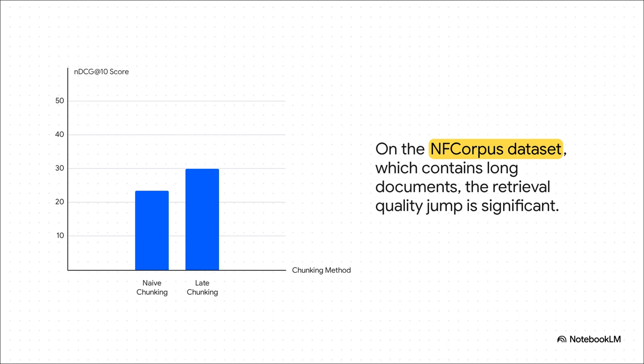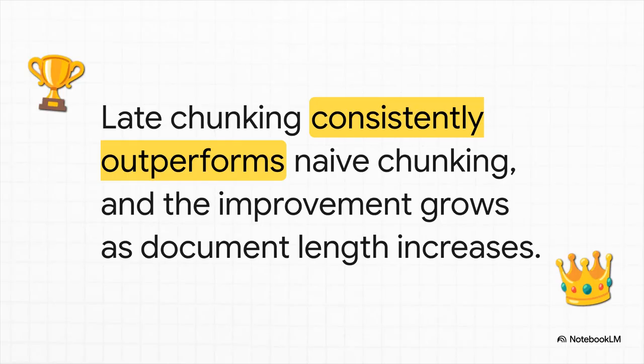I mean, that is a massive, significant jump in performance. So, the main takeaway from all the testing is crystal clear. Late chunking just flat out beats the old way. And here's the best part. The longer and more complex your documents are, the bigger the performance gap gets. It works best precisely on the kinds of documents that give us the biggest headaches.